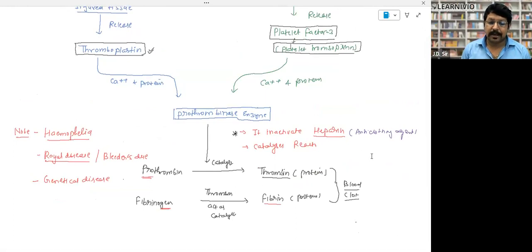Tell me, is it clear? If you have any doubt, please ask me. If it is clear, please note it down as it is. This is the easiest way. I have made this diagram by myself, so please note it down.